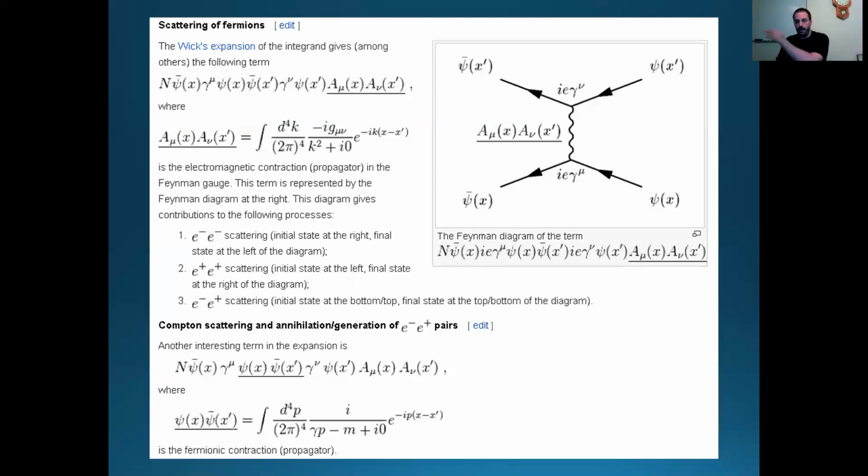So if you take all the possible diagrams that would have essentially the same inputs and outputs, because the inputs and the outputs are the only things that you can actually observe, I could put a little circle inside here instead of one photon, maybe there's two, maybe there's three, maybe there's 27, maybe there's 148 photons that are exchanged. Each one of these has a different diagram. Each of these diagrams corresponds to an integral that looks like this.